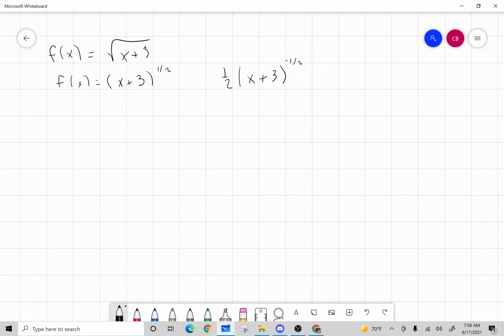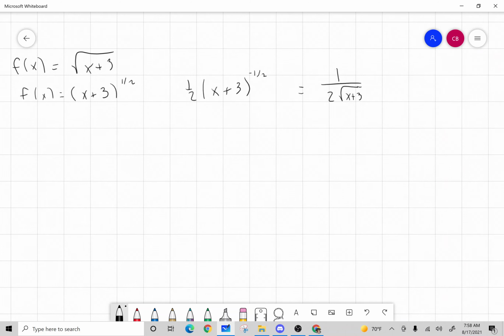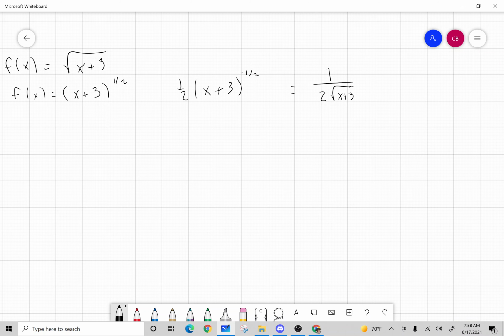Now this is equal to 1 over 2 square root of x plus 3. So that's that. Then we can figure out what f of 1 and f prime of 1 are. f of 1, when you plug in 1, would give us 2, because we'd have the square root of 1 plus 3, which is 2.